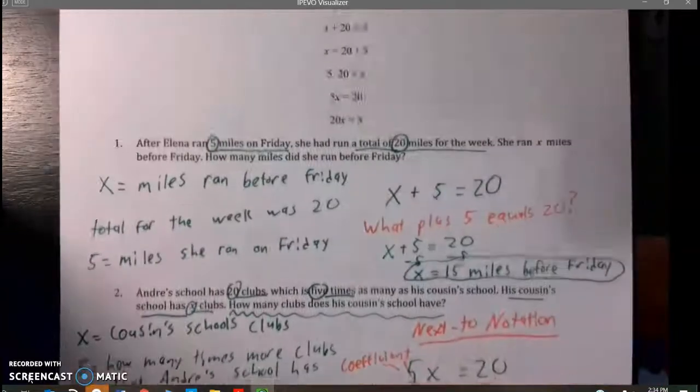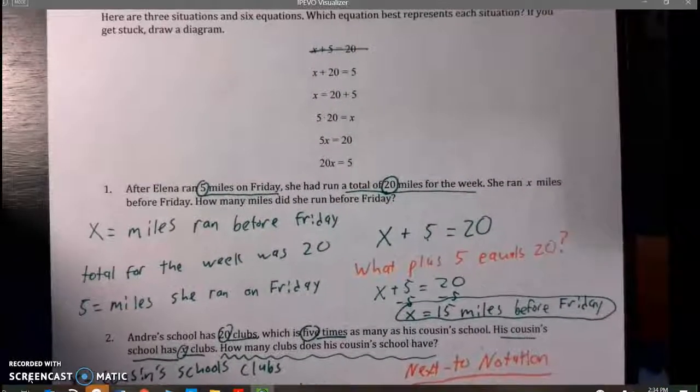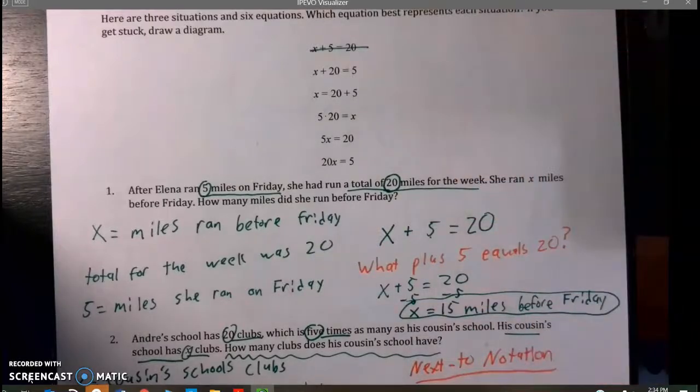However, we can see that this actually wasn't an option in our equation.